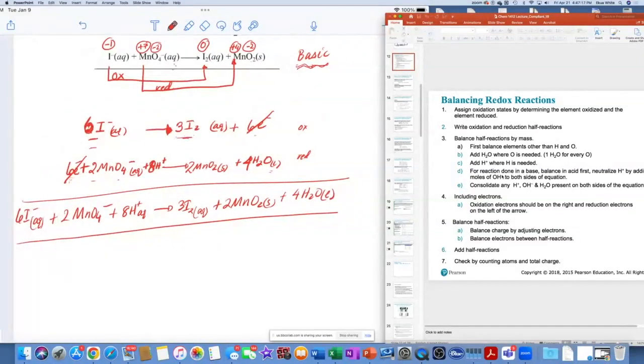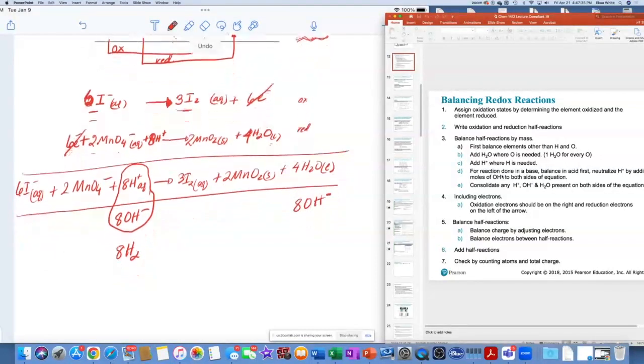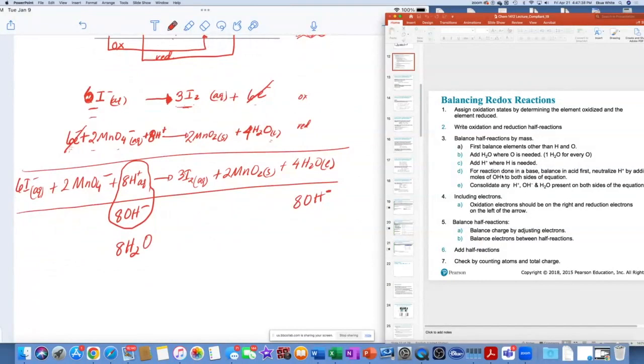Now I'm going to actually balance in base. To balance in base, you add 8 OHs to both sides, right? You're trying to neutralize this to make water. It's going to make 8 waters, so I'm going to write this out as 8 waters.